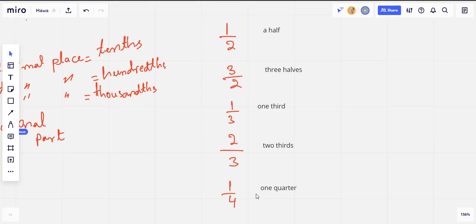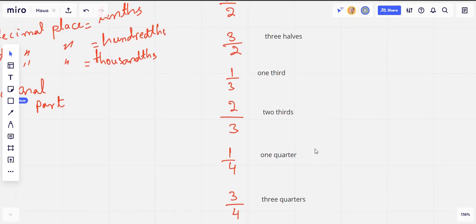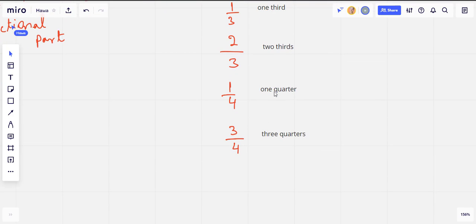So this is for 2, 3, and 4. You just look at the denominator, you write the word specific for it, and if the numerator is more than 1, then we use the plural of that word. Like third and thirds, quarter and quarters.